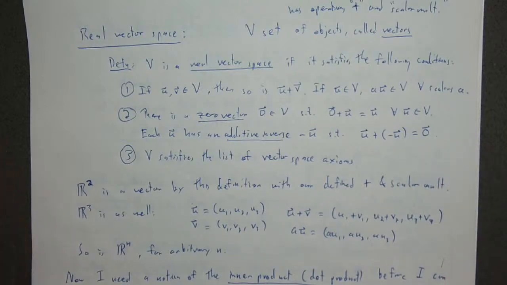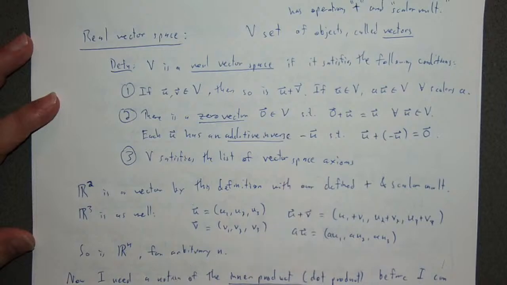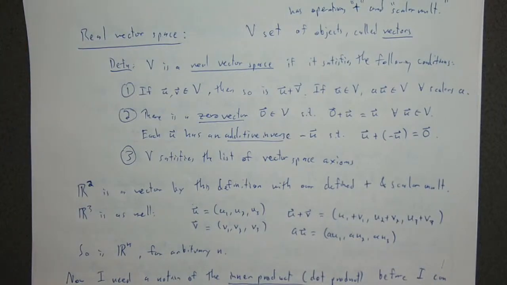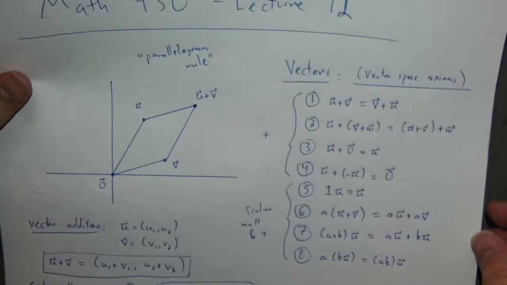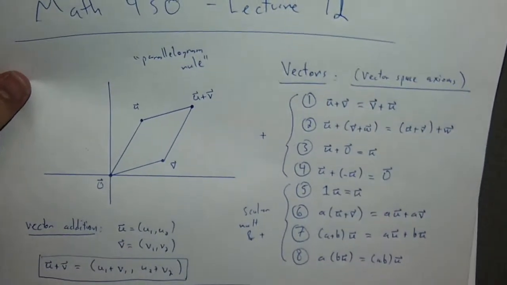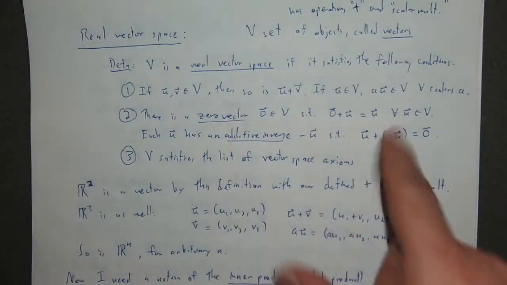Of course, it turns out that this minus u is not just a convenient symbol. It is exactly what you think it is. It's the same thing as minus 1 scalar multiplied by the vector u. Okay, and V satisfies that previous list of vector space axioms. So bringing it back real quick, there's the list. So V is a space that is closed under scalar multiplication.